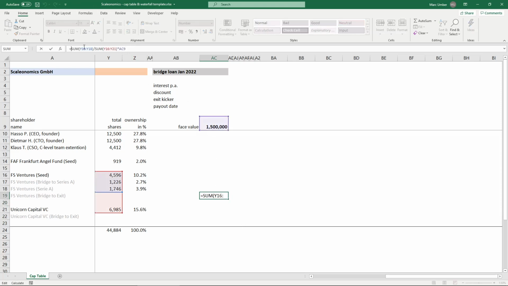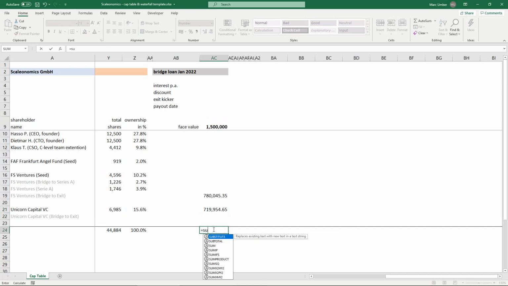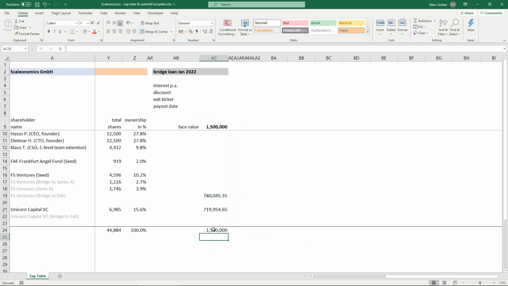To avoid rounding numbers, we will make this a euro value, and the same is true. Here we can simply take this divided by the sum of the shareholdings of Frankfurt School and Unicorn Capital. So in total, let's always check whether this sums up. Yes.